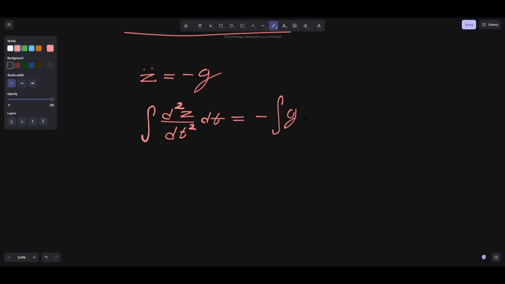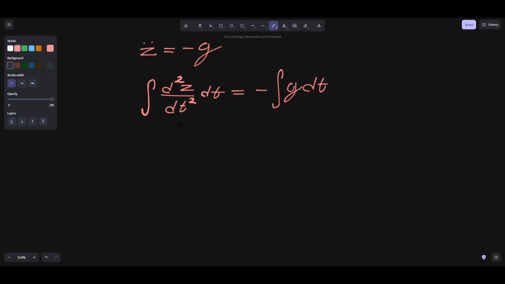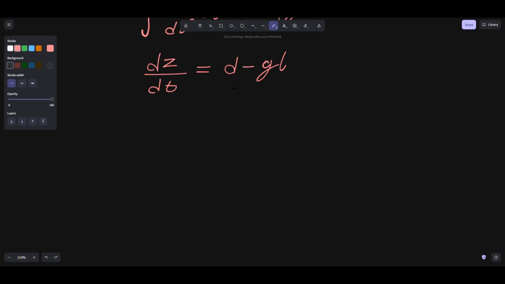And the result is, of course, here we're left with the first derivative. We have an integration constant, and since we're integrating g, we also have minus g t to the first power, from this integral. And this is t, if it's not obvious.